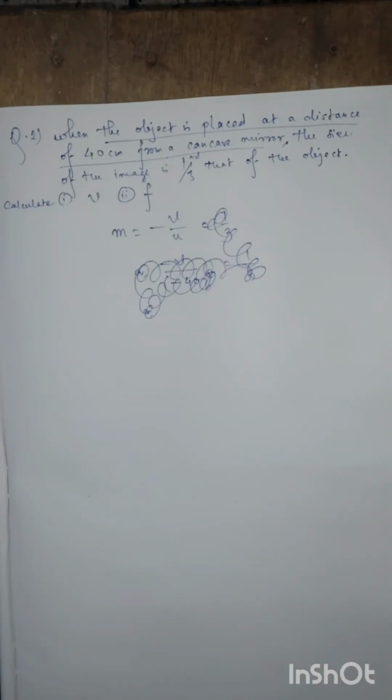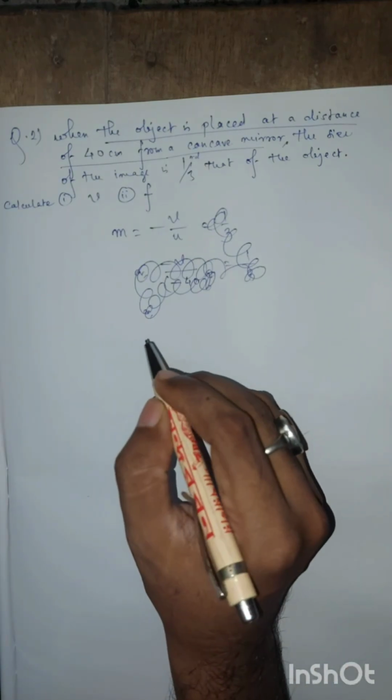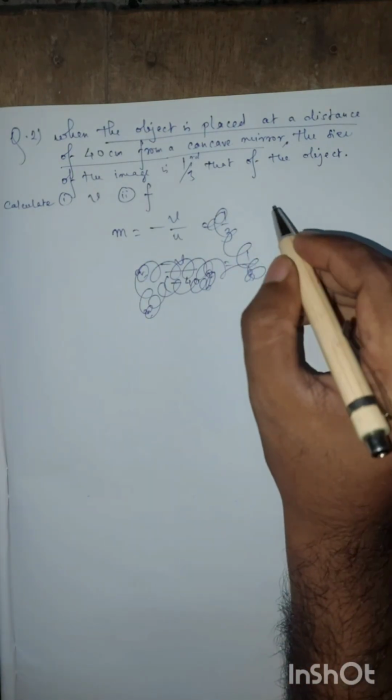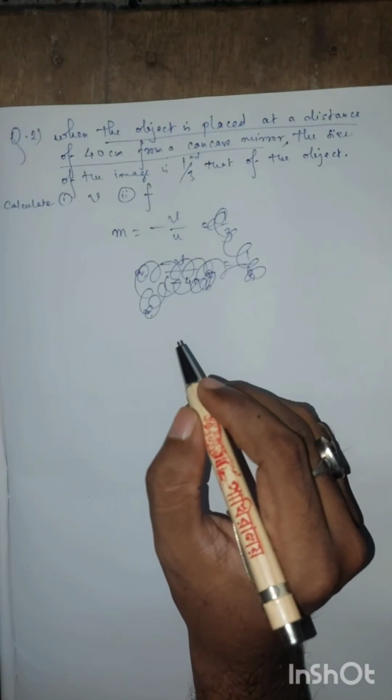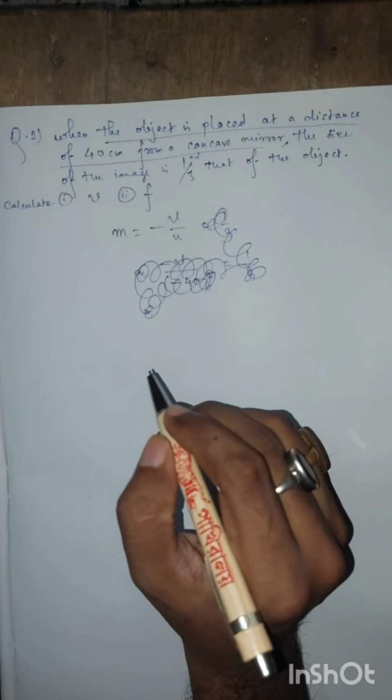Now for a concave mirror, the value of u is always negative.